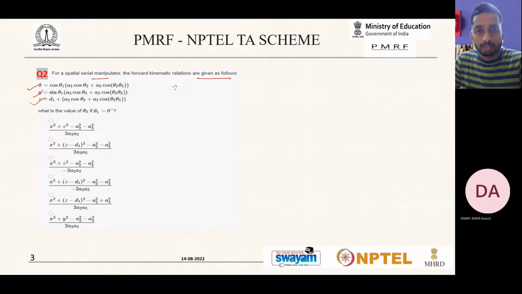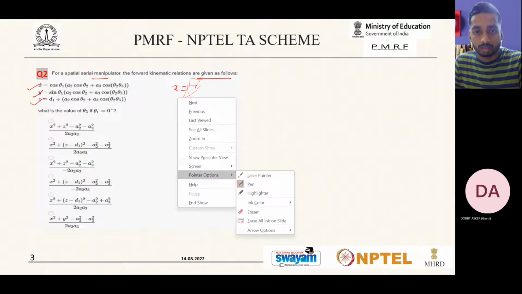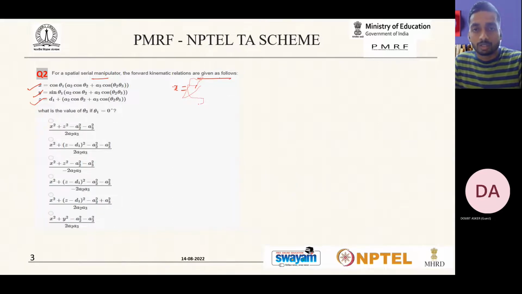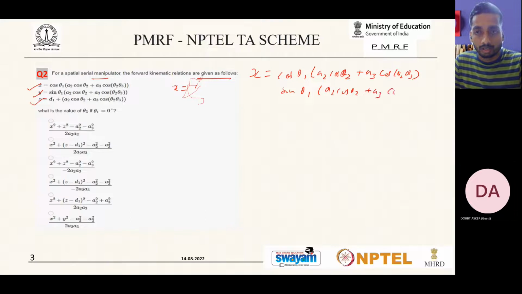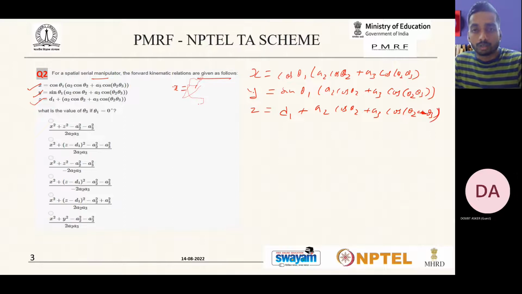Here we have x equals cos theta 1 times (a2 cos theta 2 plus a3 cos(theta 2 plus theta 3)), and y equals sin theta 1 times (a2 cos theta 2 plus a3 cos(theta 2 plus theta 3)), and z equals d1 plus a2 cos theta 2 plus a3 cos(theta 2 plus theta 3).